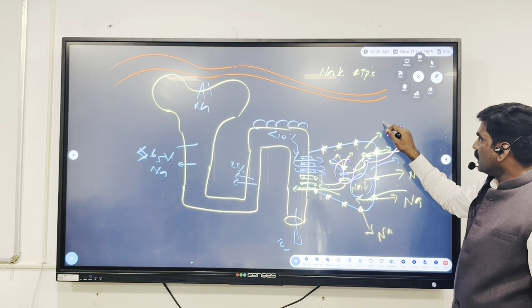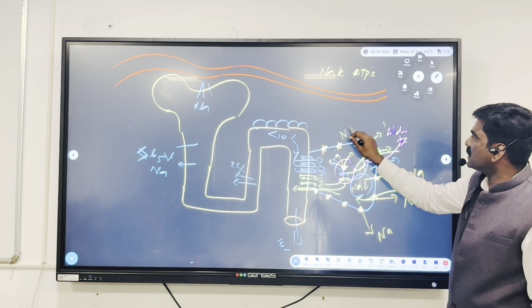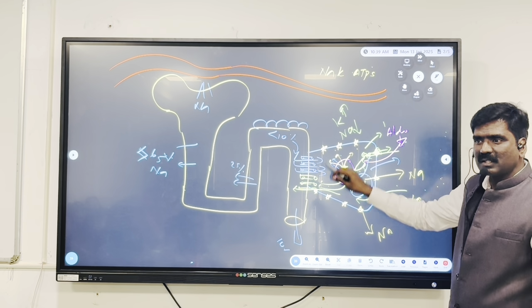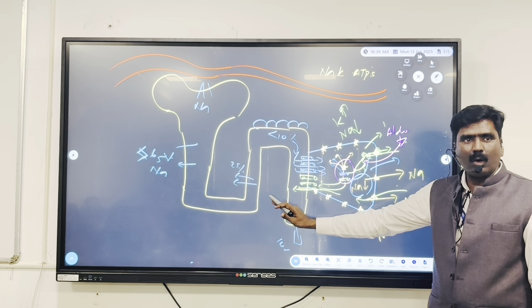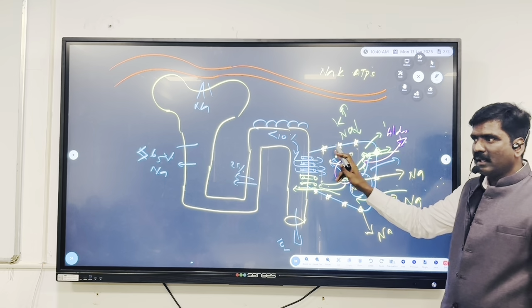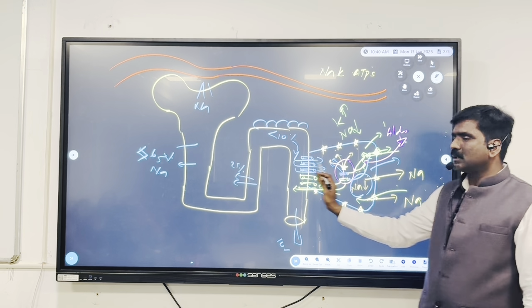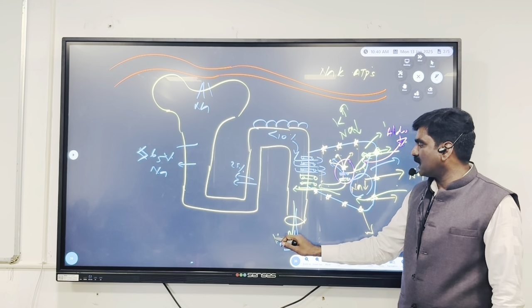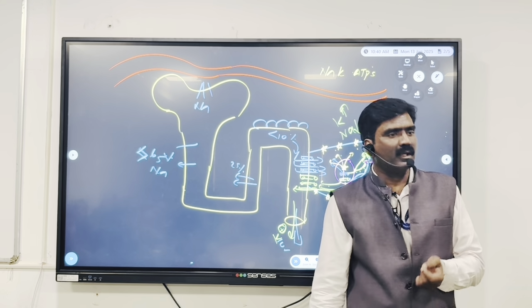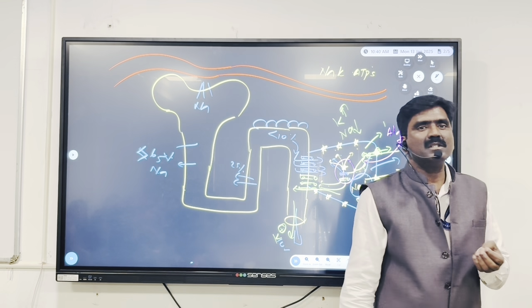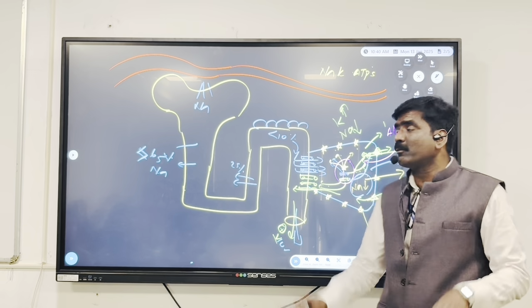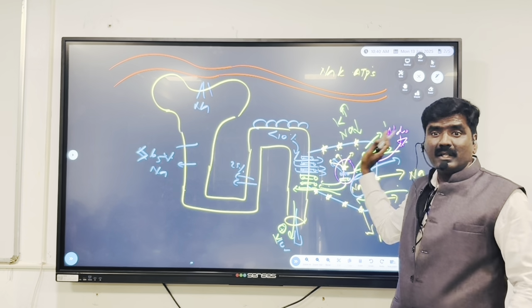Sodium is less and potassium is high inside the cell. Now that potassium will go out, and because sodium is less, sodium will enter here, right? In exchange for sodium, potassium will go out. So now you can see the potassium in the urine. Normally there is more sodium, but now all the sodium has been reabsorbed.